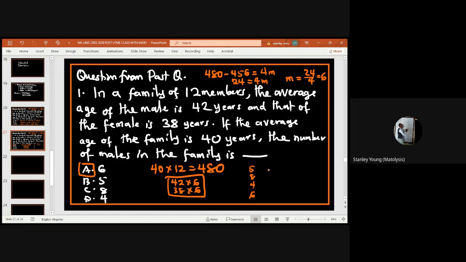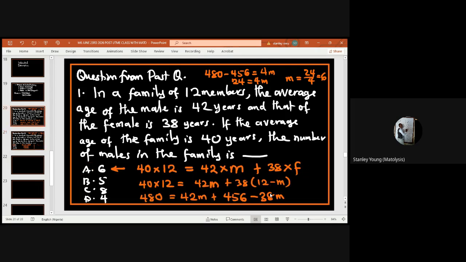Then with option B, I'll do the same thing. I will do 8 male times 42. Then since we have 8 male, it means we should have 4 female. 4 times the average age of female, which is 38. You'll add it together and check if it equals 480, and you can do all this as fast as possible.